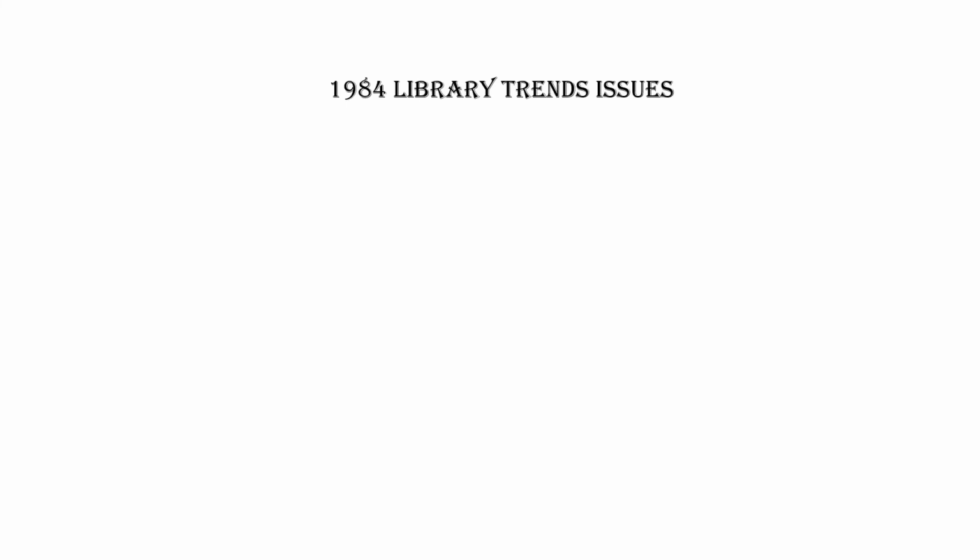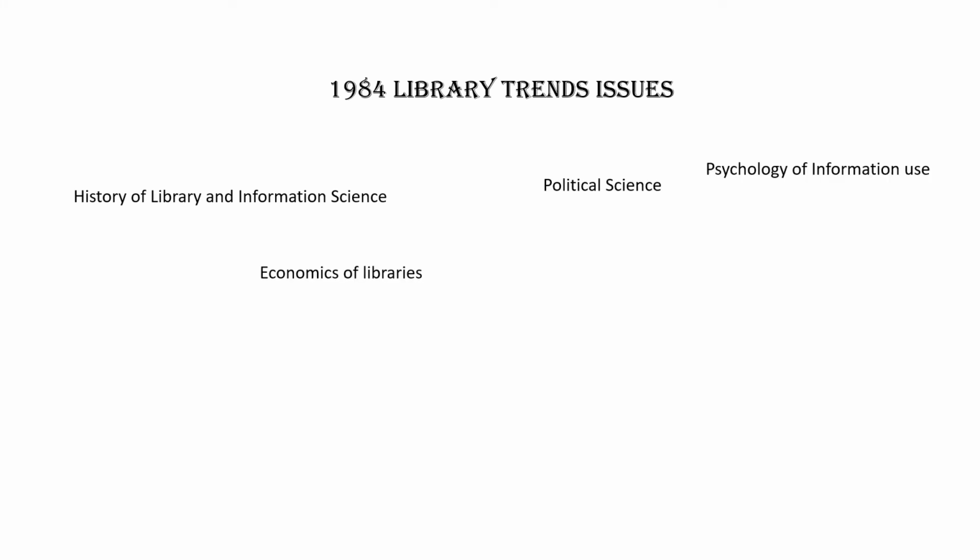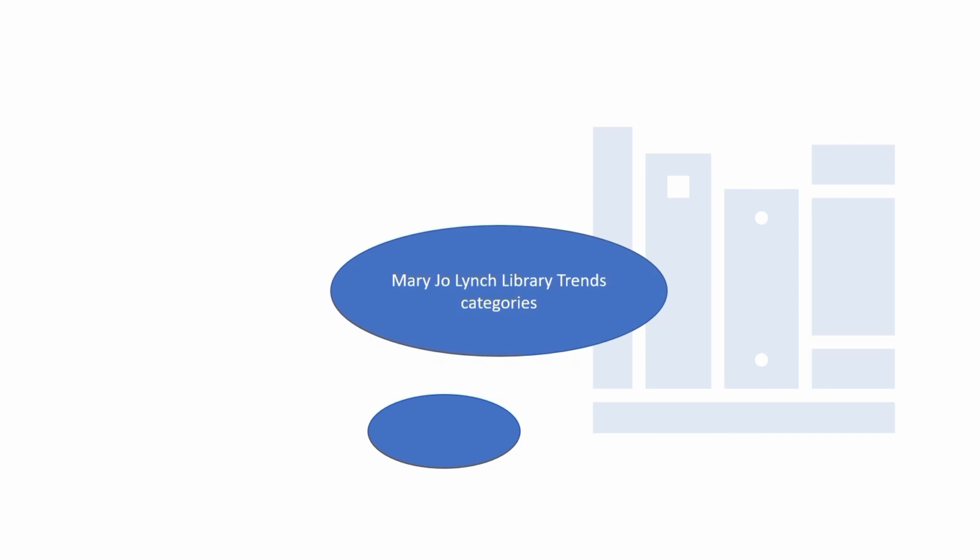A 1984 issue of Library Trends was devoted to research in librarianship, and it reviewed research as related to the history of library and information science, economics of libraries, political science, psychology of information use, organization theory, sociology, public administration and operations research.